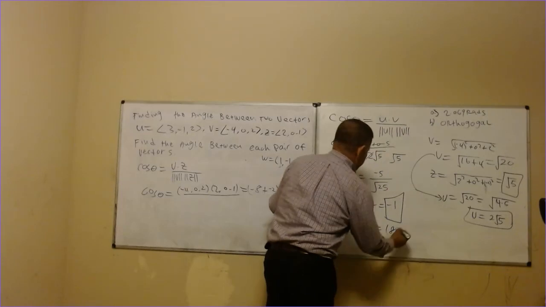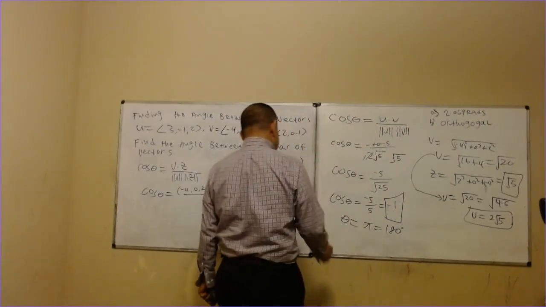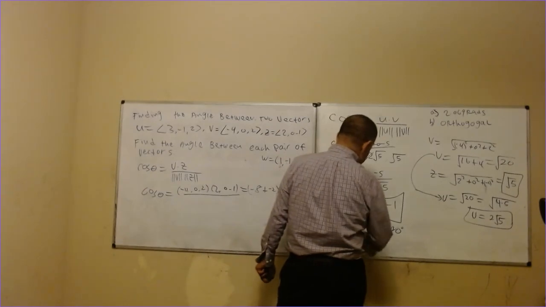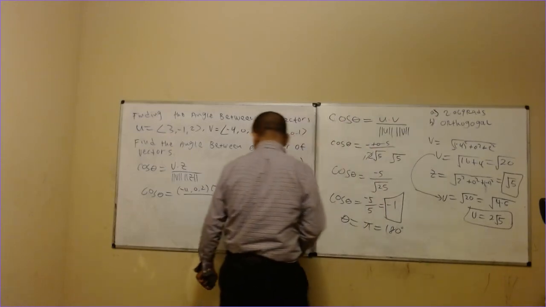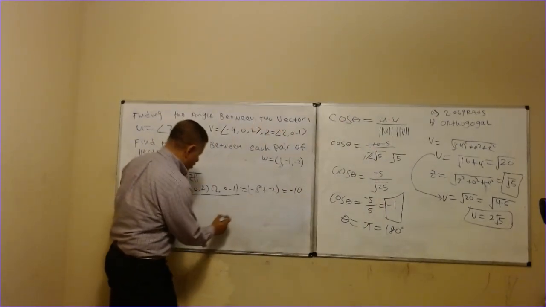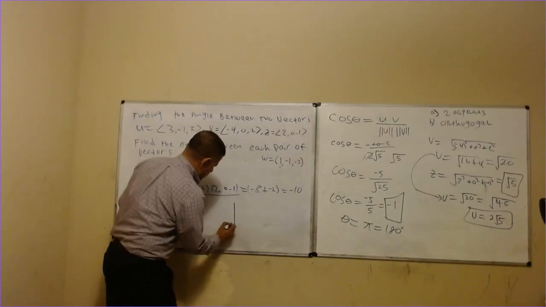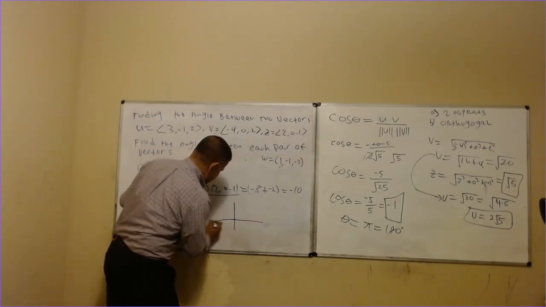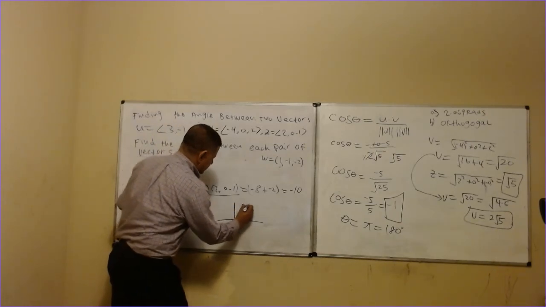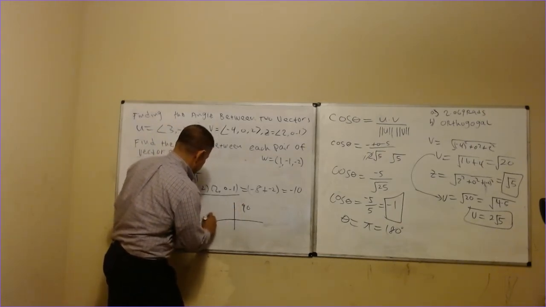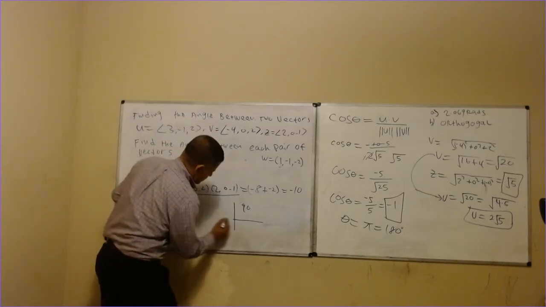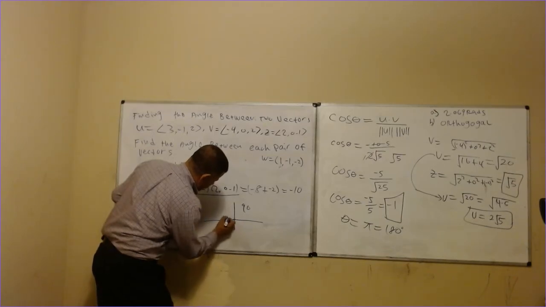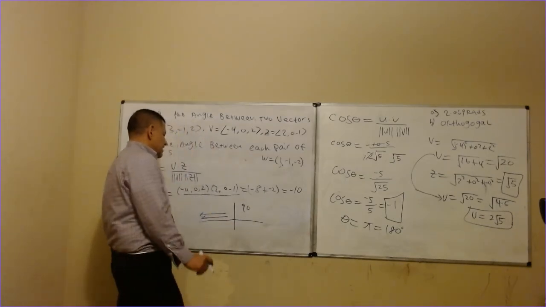So technically, that's it. Theta is equal to pi, which is equal to 180 degrees, which means those vectors are parallel. So here is 90 and here is 180. Those vectors are like this, in parallel. That's why they don't have any angle.